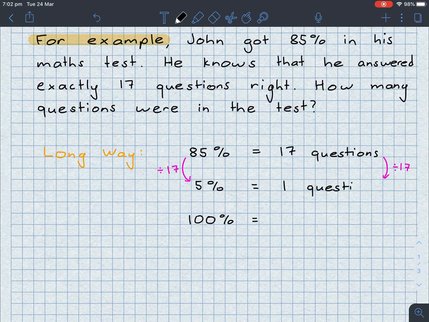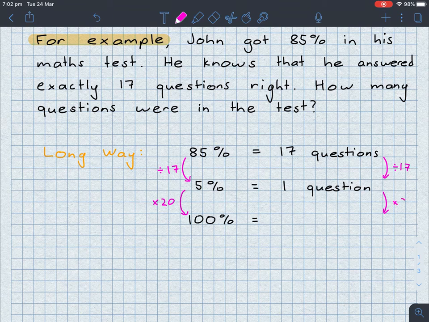So one question on the test was worth 5%. Then, to turn 5% into 100%, we're actually multiplying by 20. Because if we turn 5 into 50, that's timesing by 10. So 5 into 100 is timesing by 20.